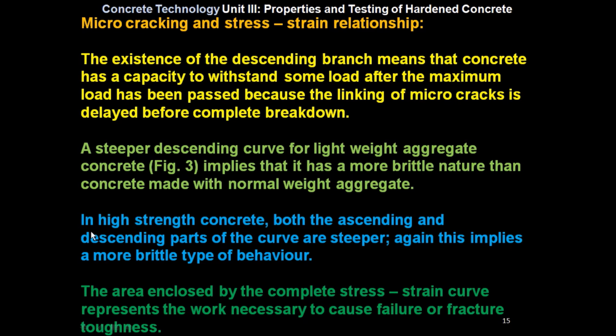In high strength concrete, both the ascending and descending parts of the curve are stiffer. Again, this implies a more brittle type of failure. The area enclosed by the complete stress strain curve represents the work necessary to cause failure, or fracture toughness.